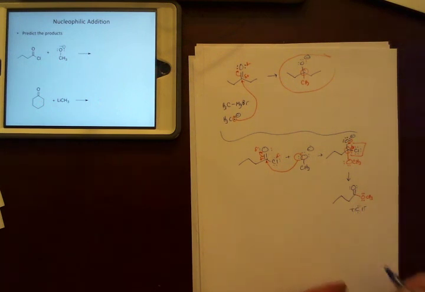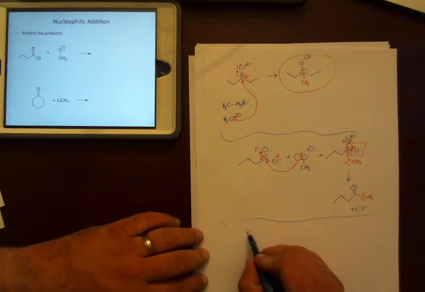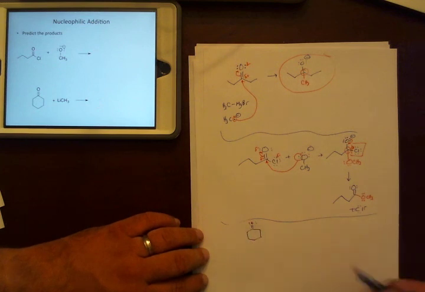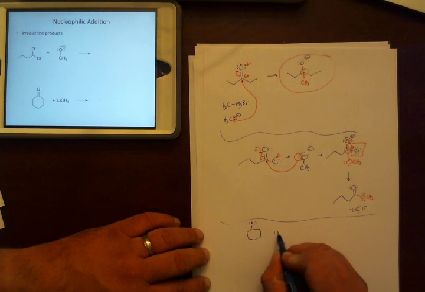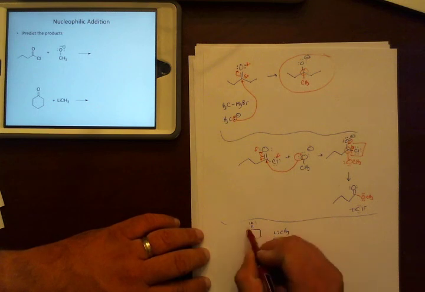Now this bottom one here is methyl lithium. This lithium is there to stabilize the negative charge, but effectively this is again a methyl anion. So this is our nucleophile.